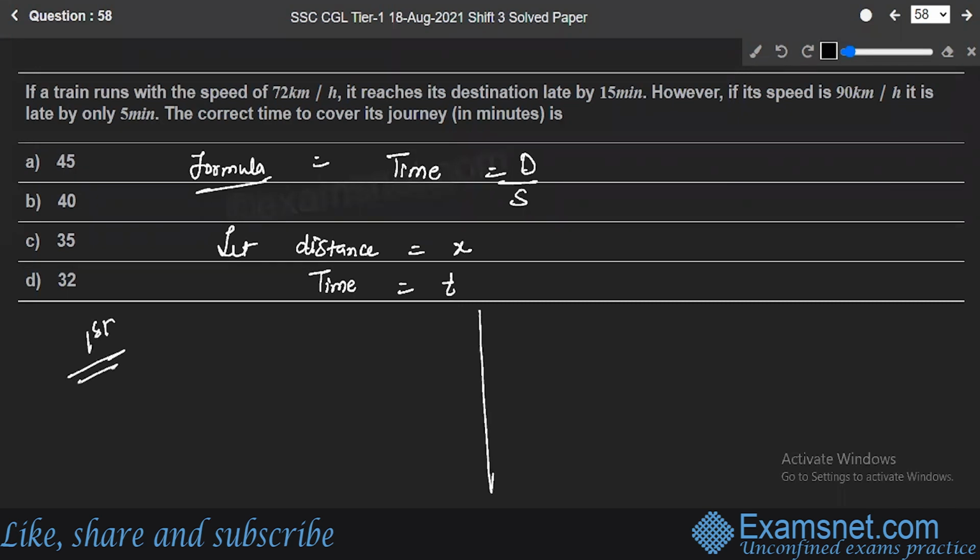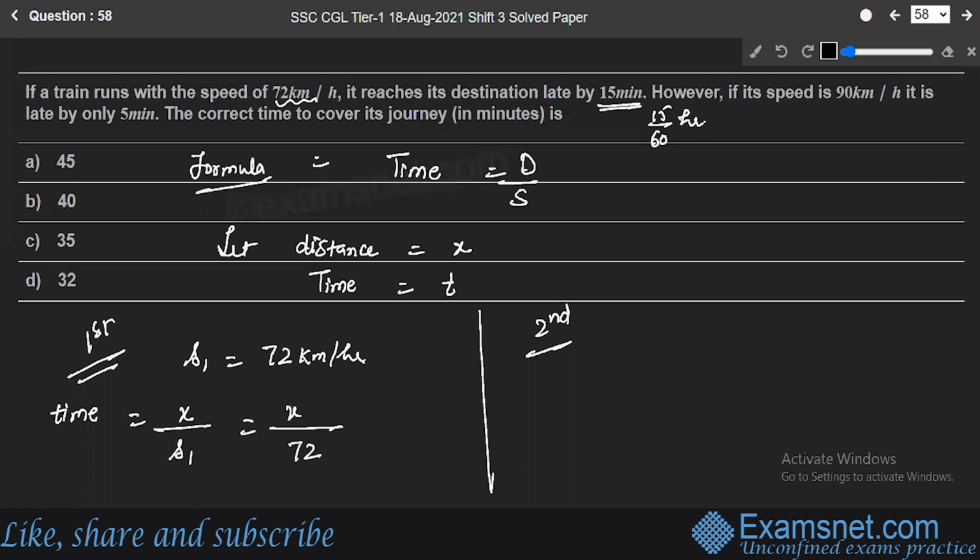Now consider the first and this is the second scenario. In the first scenario, the speed is 72 kilometers per hour, and the train is late by 15 minutes. That means 15 upon 60 hours. So with this 72 speed, time taken is equal to distance x upon s1, x upon 72.